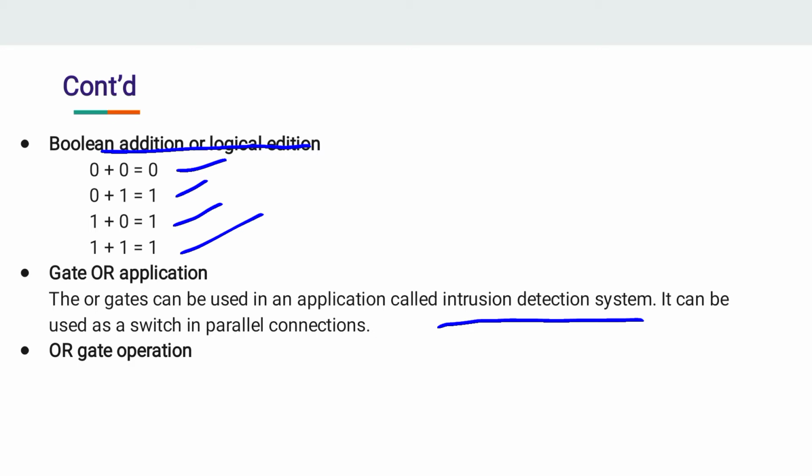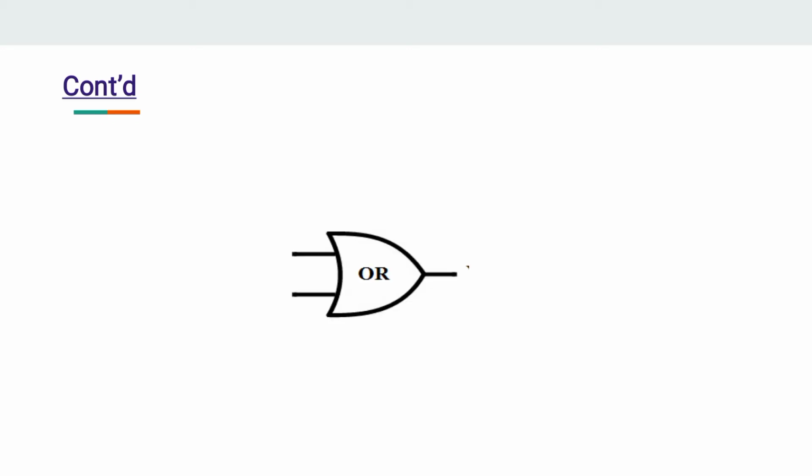So when it comes to the OR gate operations, when both the inputs are low, the output is low. So this is the first operation. Next, when the input is low and high, the output will be high.